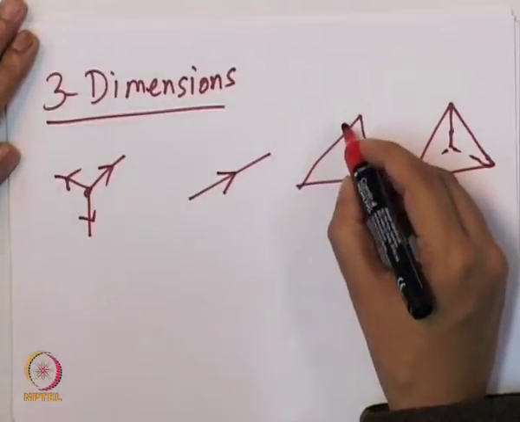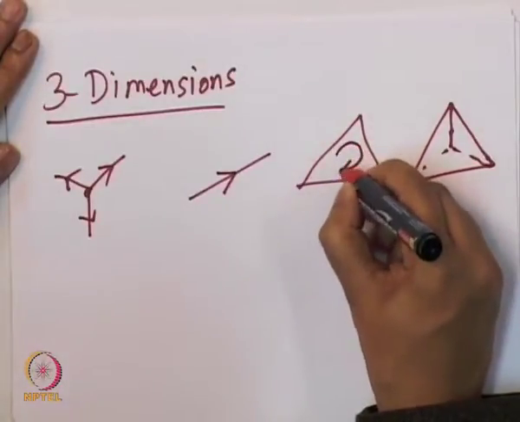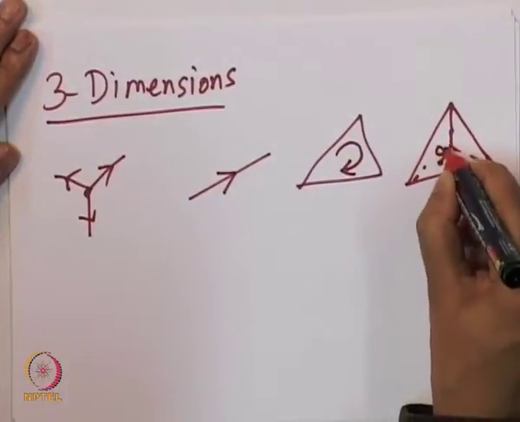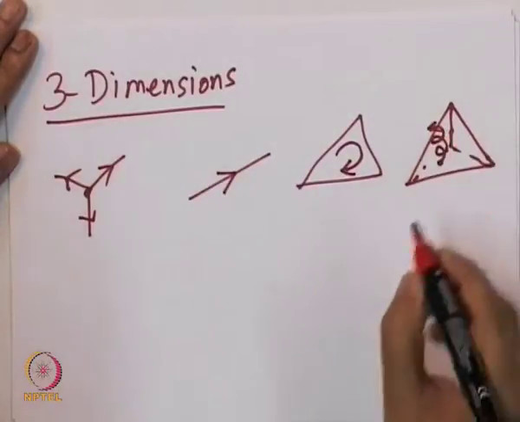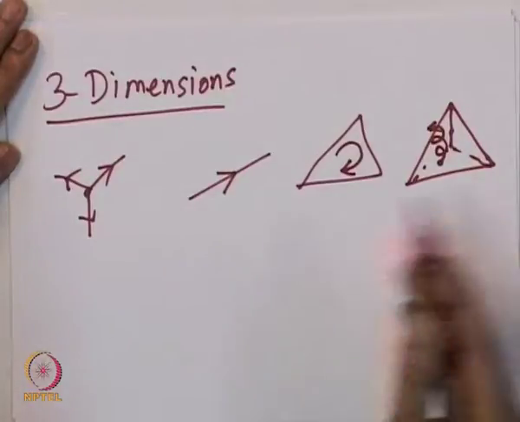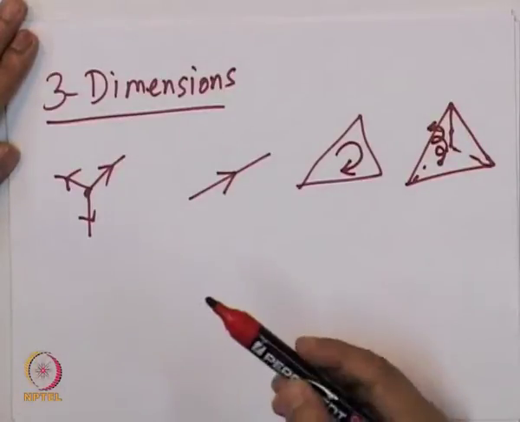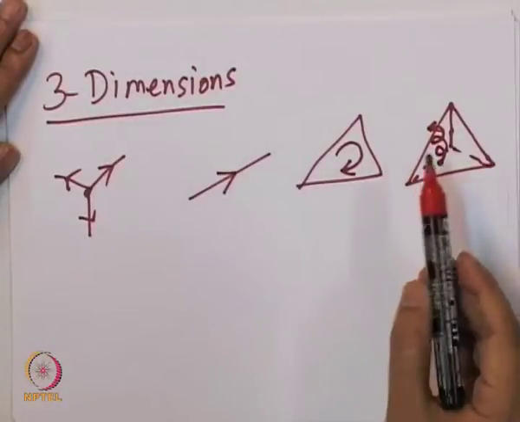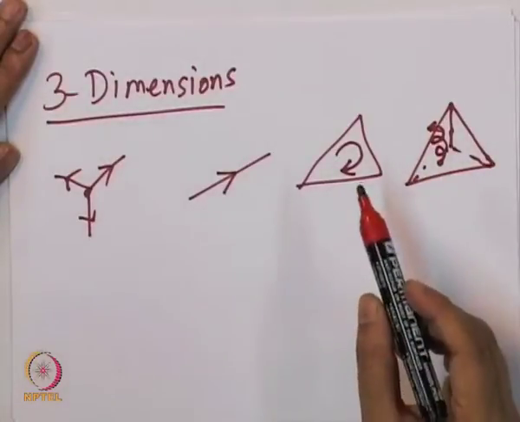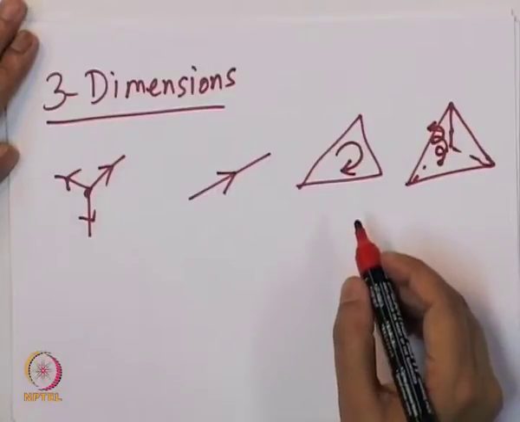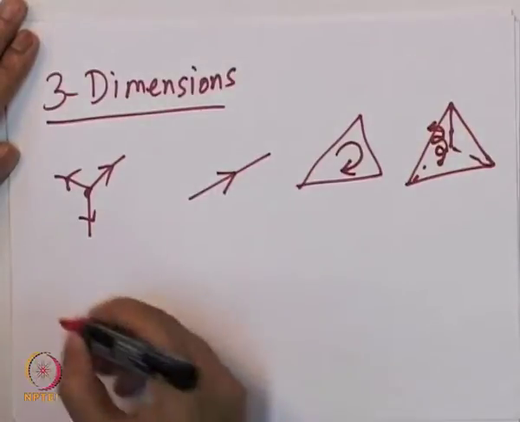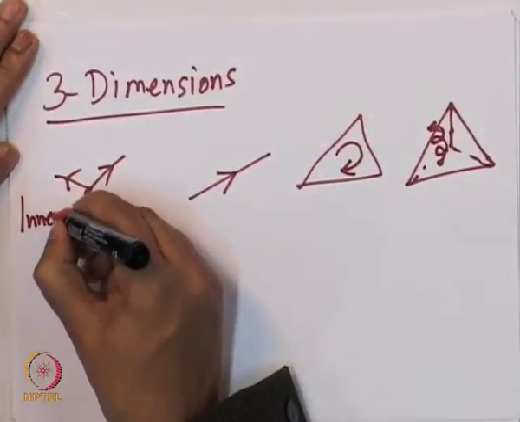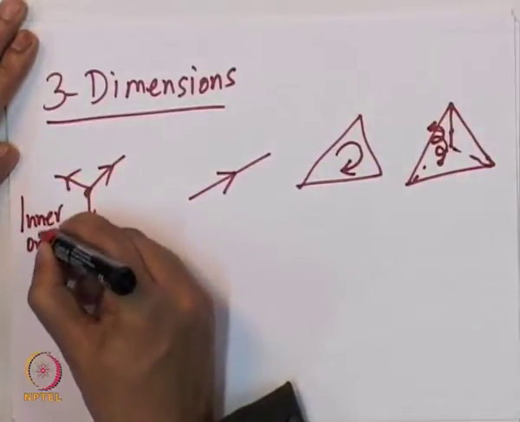Likewise, I am choosing the orientation that is clockwise. Likewise, I am thinking about a curl that is internally oriented. So it is on the inside of the volume, and the curl direction is, let us say, in the clockwise direction. So now these are the inner orientation.